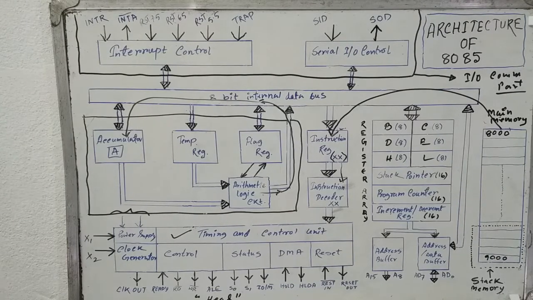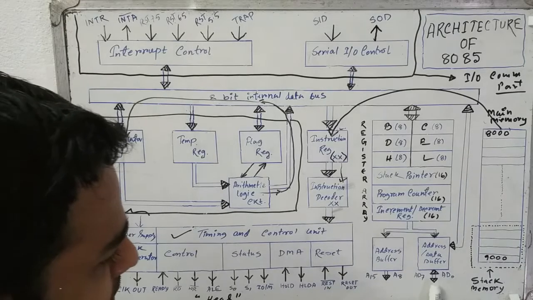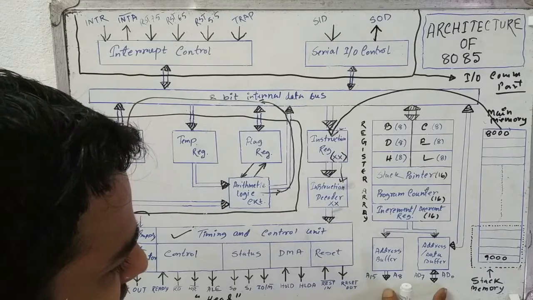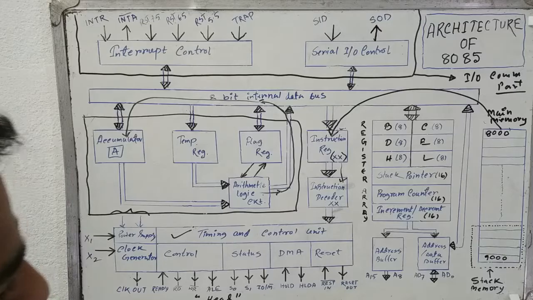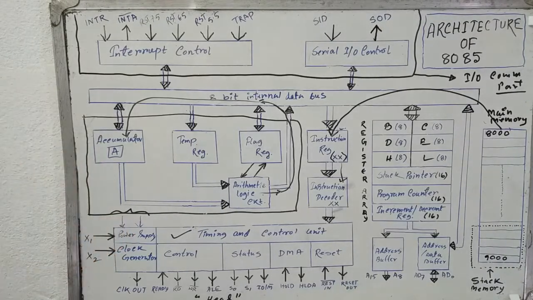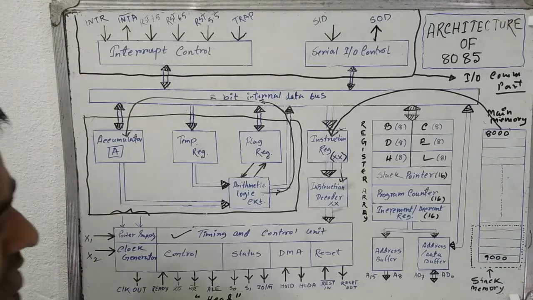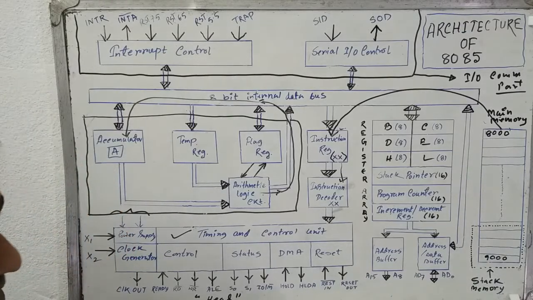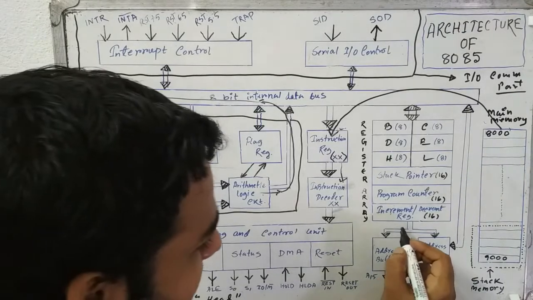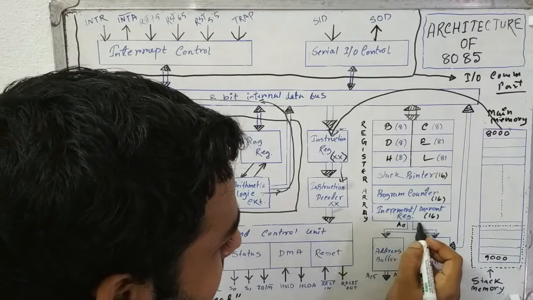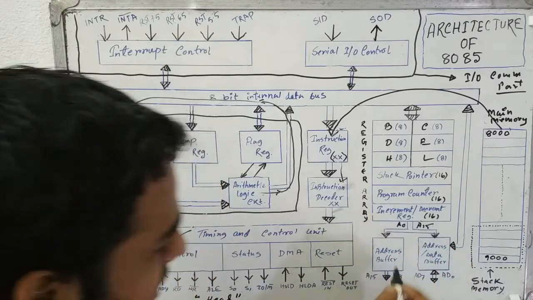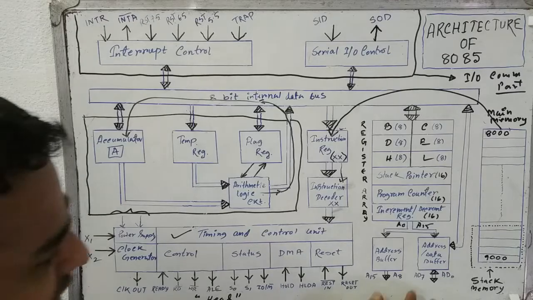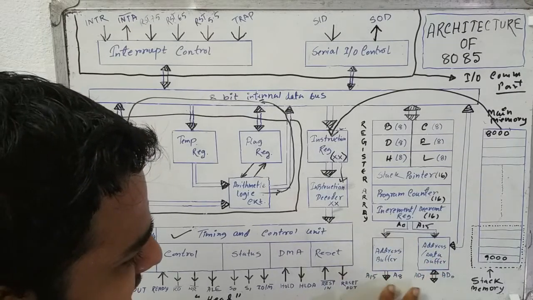Now you might have noticed that there is another topic remaining, which is the address bus that you can see here. We have seen in the previous lecture that 16 lines are allocated for the address bus, so this is A0 to A15. Here I have separated these 16 lines into two parts.